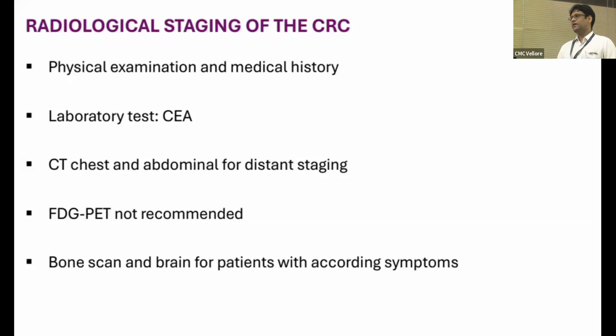It's not true. A PET can sometimes miss, especially if you have mucinous adenocarcinoma. If you remember the case I showed you earlier of the lady, the diagnosis said mucinous adenocarcinoma. So that's one of those histologies where PET is not sensitive. And for those with symptoms alone, you need to do additional tests.